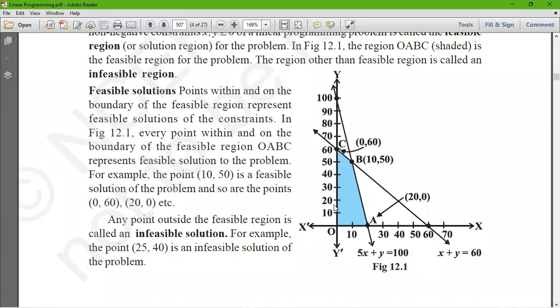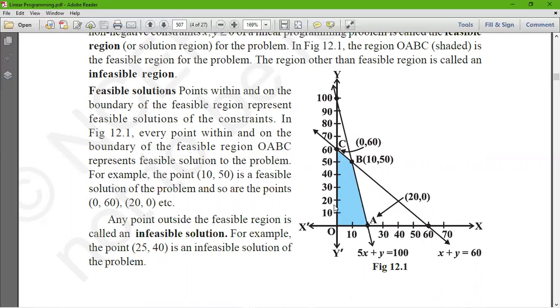The points within and on the boundary of the feasible region represent the feasible solutions of the constraints. In the figure, every point within and on the boundary of the feasible region OABC represents a feasible solution of the problem.